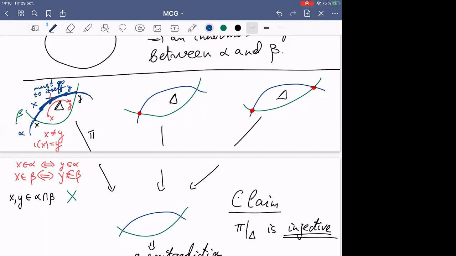Hence there is a fixed point on it, which is impossible. And the same if x and y are both on beta. And the last case is that x and y are in the interior of delta.